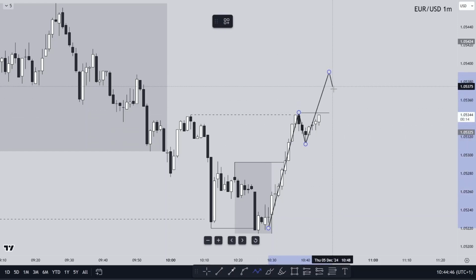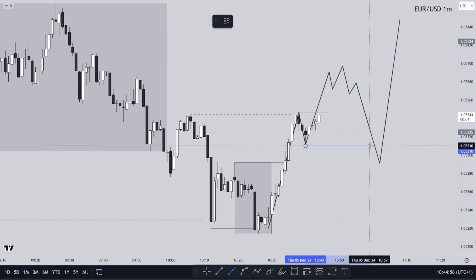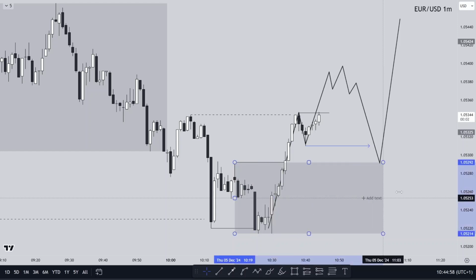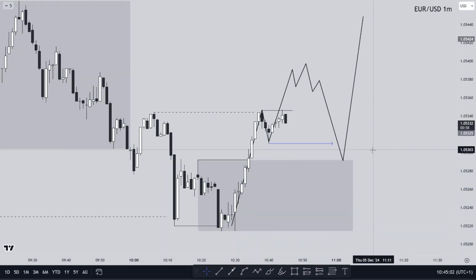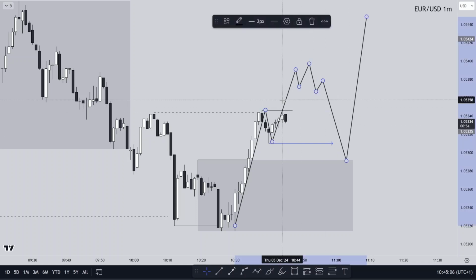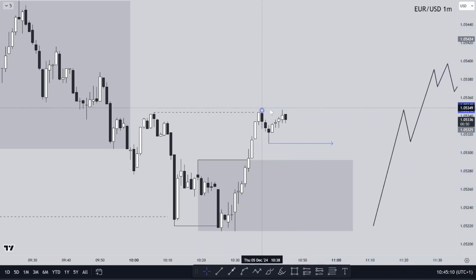Something like this, then waiting for the price to range and to climb back, and then entering after taking liquidity, for example, below this low, and so after reaching this level. This would be perfect for me. But for now it's too early because price didn't break this level yet.